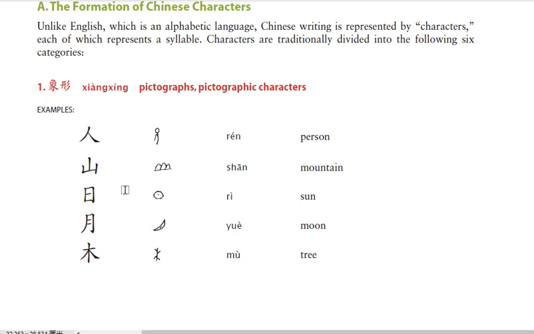And those, as we said before, are the simplified script or the modern script. In Chinese, we only have around 600 象形 characters, 象形汉字. So the number is not a lot.